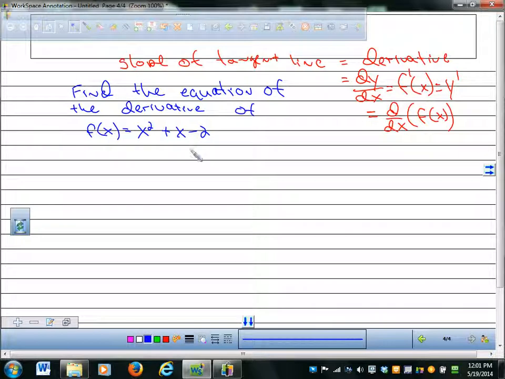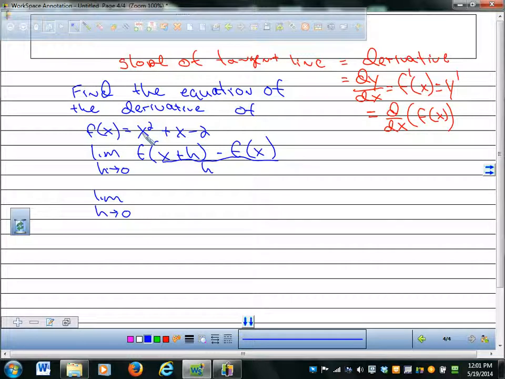In this case, I'm going to use my same formula. I'm going to take the limit as h goes to 0 of f of x plus h. I don't have a value for x, I'm just putting it in general terms. Minus f of x, that whole thing over h. When I plug that into this function, this is where people get confused.